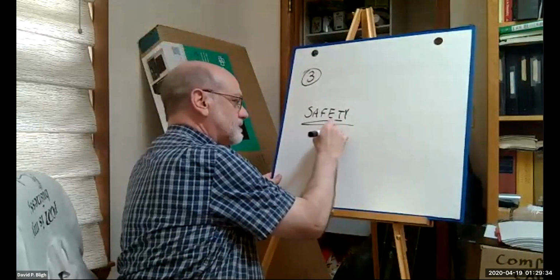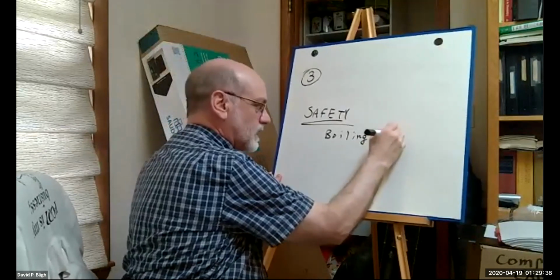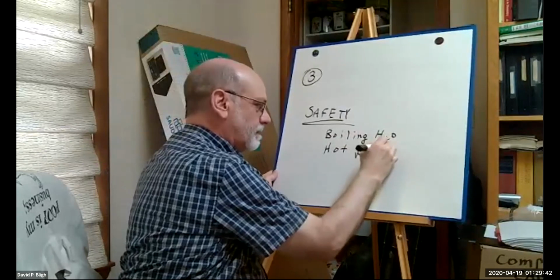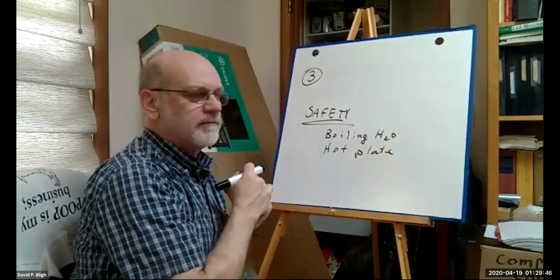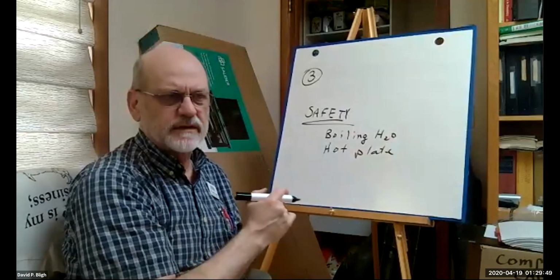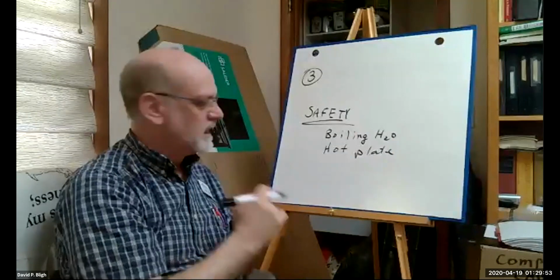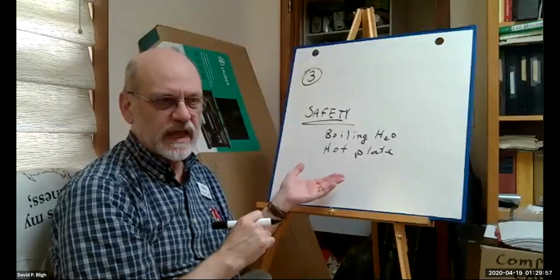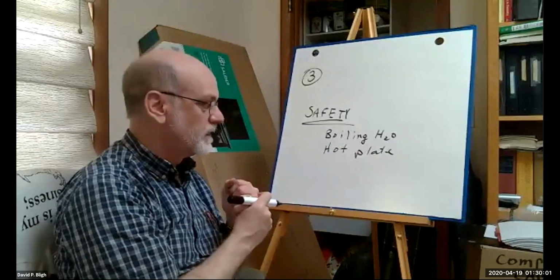How about boiling water or a hot plate, temperature? How about benzoic acid and lauric acid? You could get some skin irritation from benzoic acid, but it's highly unlikely. We'll just wear gloves, okay?